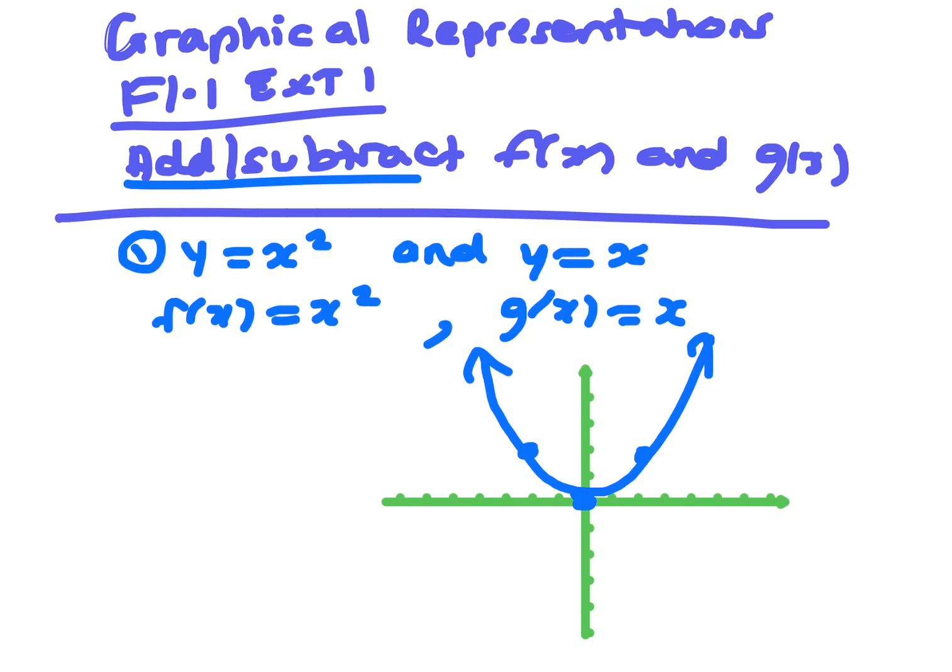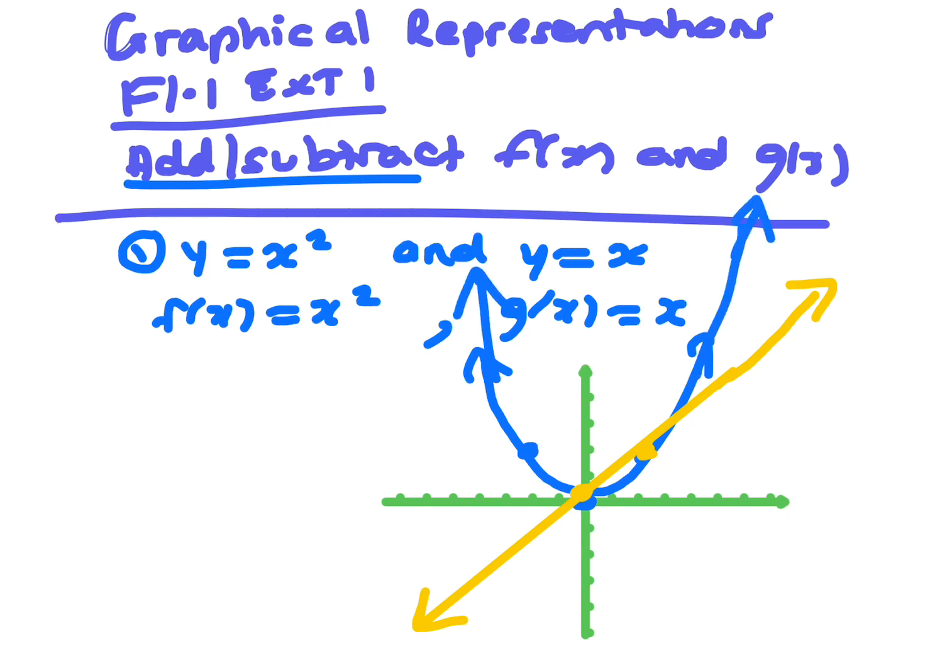And what I'm going to do is I'm just going to draw my line through 1, 1, 0, 0, like that. Keep it going. And I'll keep the blue graph going up like that, and this one going up like that.